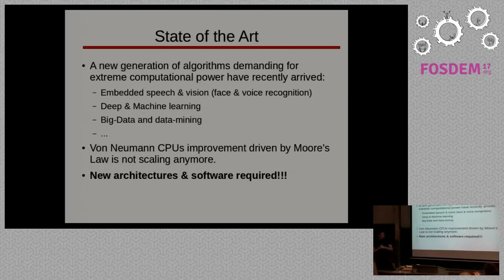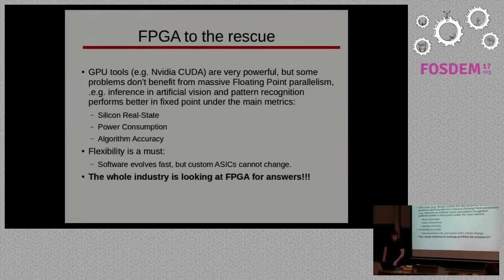In this situation, the von Neumann CPUs, the well-known CPU that used to accelerate along the path of Moore's law, are not scaling anymore. And we need to develop alternative architectures to take on all these kinds of tasks. This is where FPGAs come to the rescue.